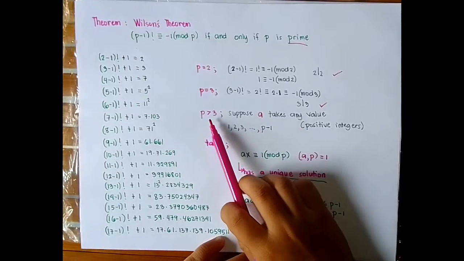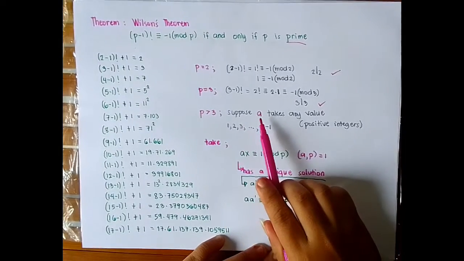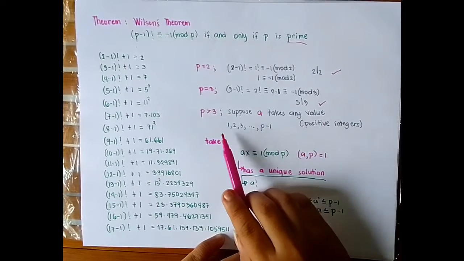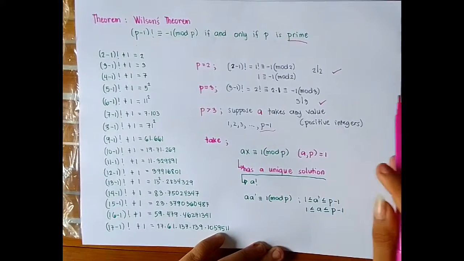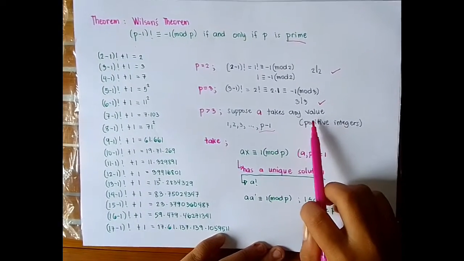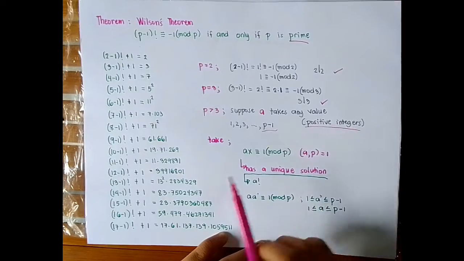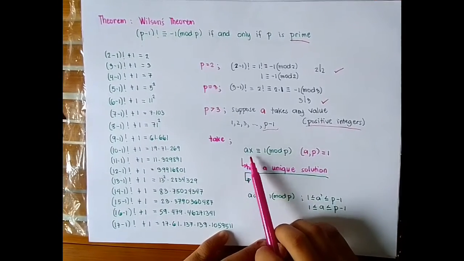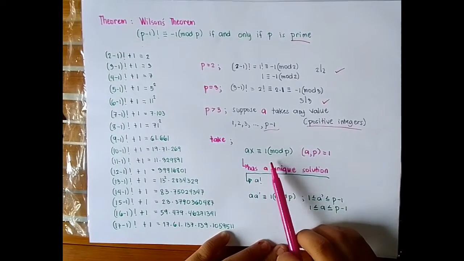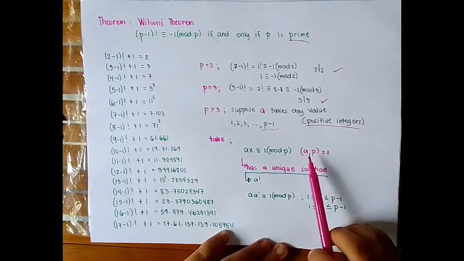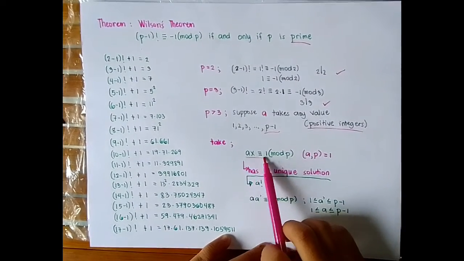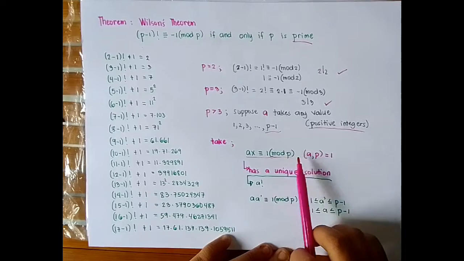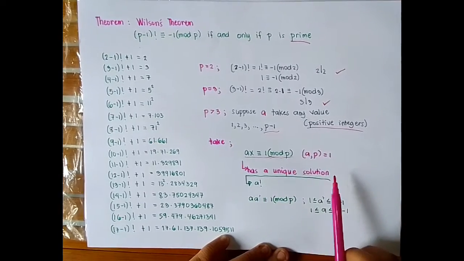If p is greater than 3, suppose a takes any value from 1, 2, 3 until p minus 1, assuming that a is any positive integer. So we have ax is equivalent to 1 mod p, where gcd of a and p is equal to 1. Therefore, ax is equivalent to 1 mod p has a unique solution.